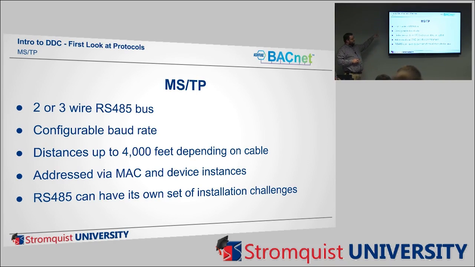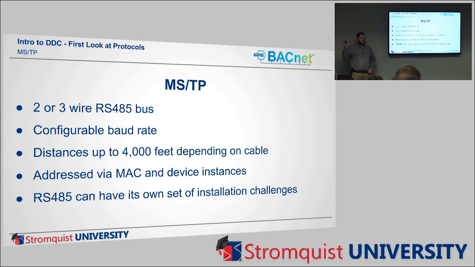I can configure an MSTP trunk to be different baud rates. Remember, LON was just one baud rate. It was 78,000 baud, which is pretty fast. The advantage of a configurable baud rate is if I have a BACnet bus that starts having some communication issues, maybe traffic's moving too fast across it, and they're not getting off at the right exit.